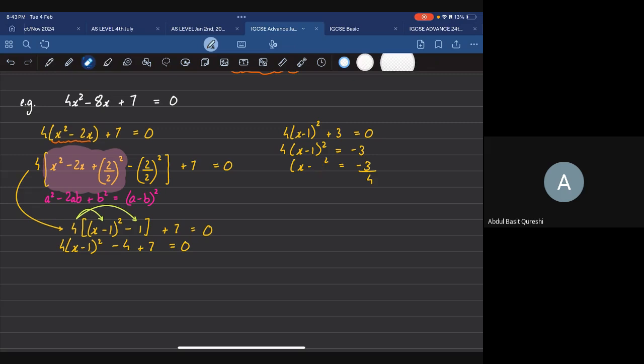Now this question cannot be solved. Why can it not be solved? Because if I put the under root there, you cannot have a minus sign inside the under root, because of minus 3 over 4. So that's the big issue. Is this clear?